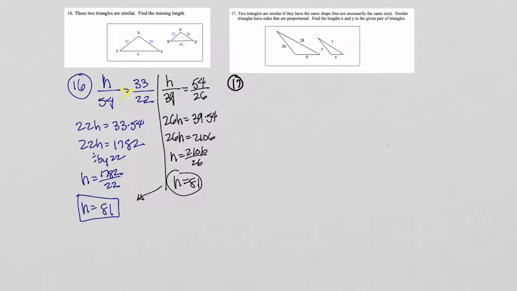Cross multiply, you get 28x equals 6 times 7. 28x equals 42. Divide, x is 42 divided by 28. I got 1.5.